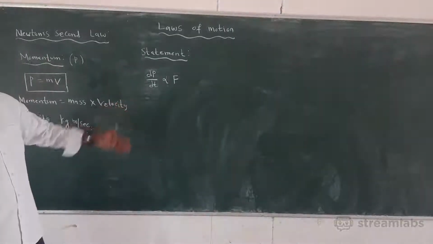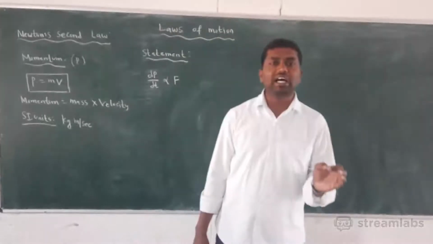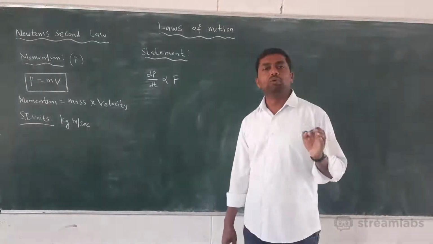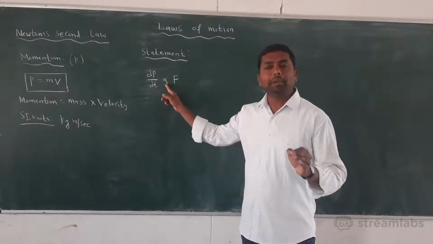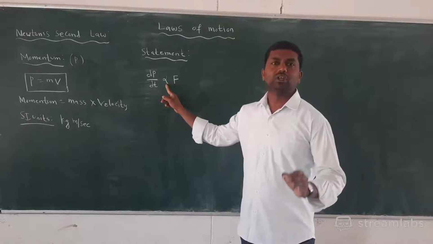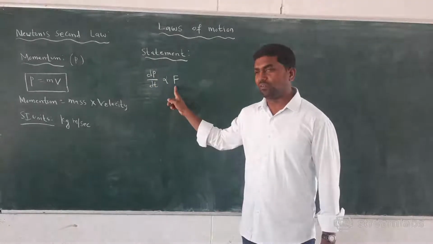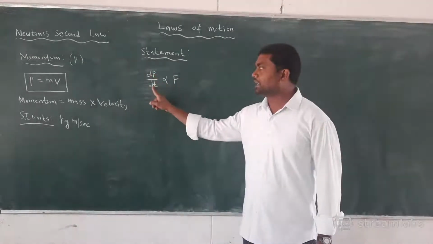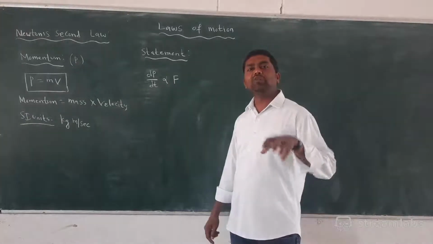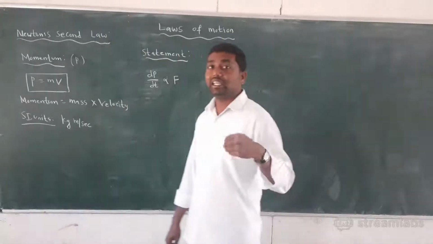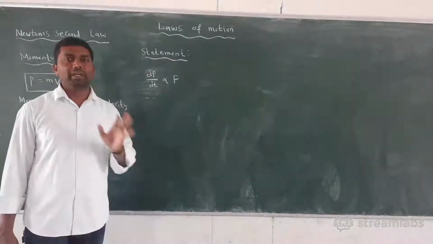The statement of Newton's second law is that the rate of change of momentum is directly proportional to the applied force on the object. So we can write dP by dt is proportional to F, or the applied force on the object is directly proportional to the rate of change of momentum.